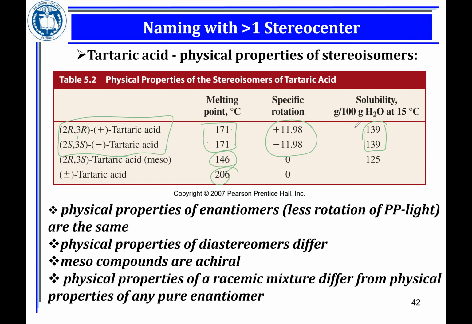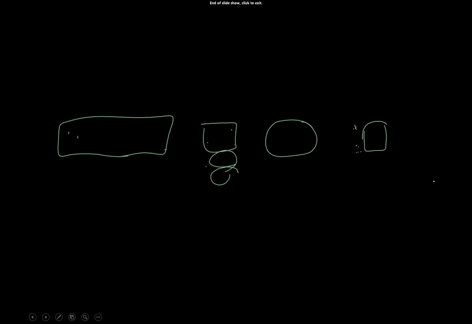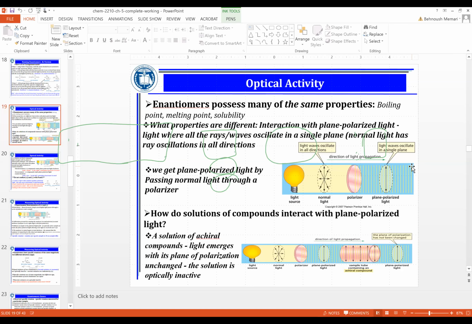Enantiomers have the same physical properties. You cannot separate a pair of enantiomers by physical means. First, you have to change to a pair of diastereomers. The technique is called resolution. So basically, you have to resolve it.